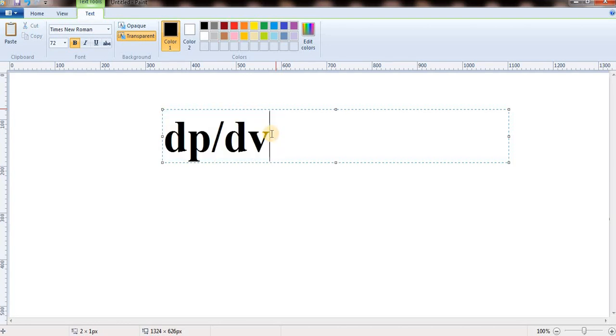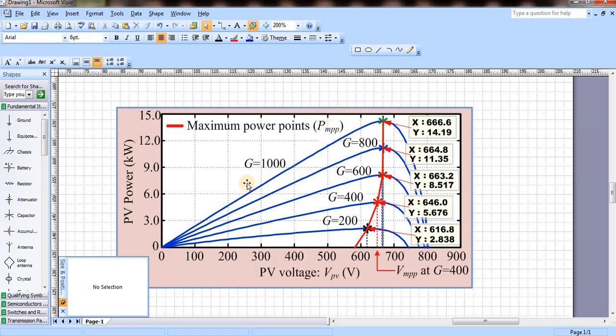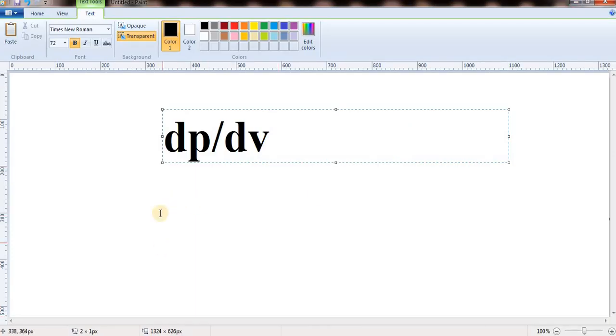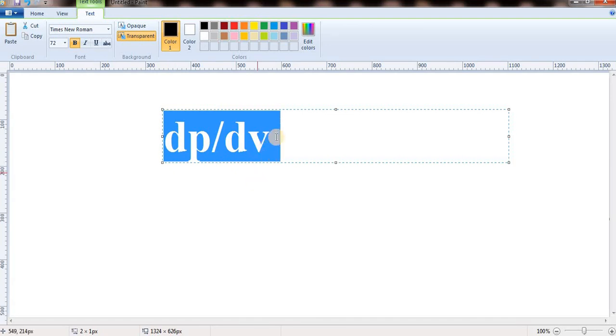I required only the direction, whether dp by dv is positive or negative, because I need to know whether the power is increasing or decreasing. I need the direction or the sign of dp by dv, not the magnitude.